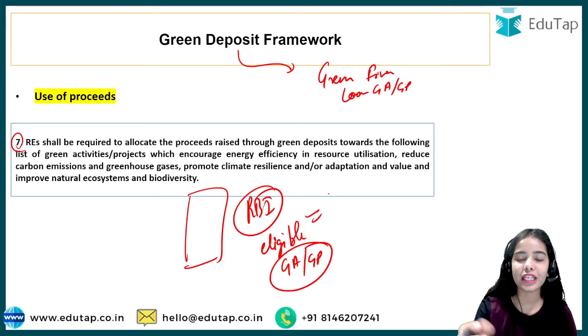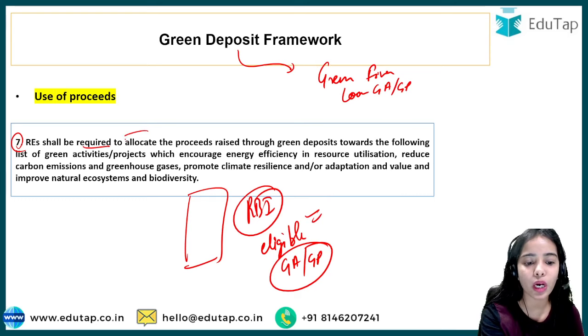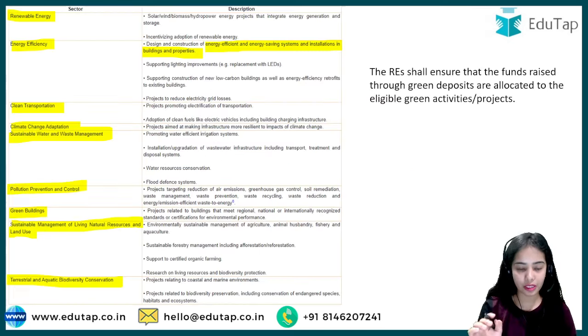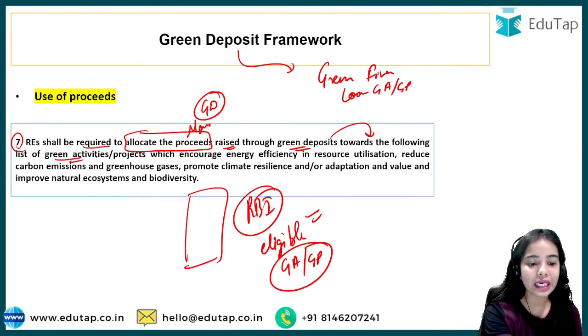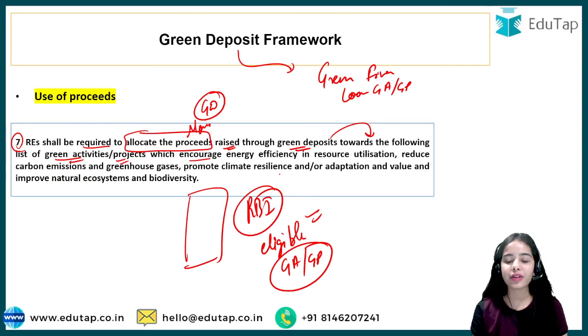So there is the eligible list that has been given by the RBI. So the regulated entities shall be required to allocate the proceeds. So the proceeds or the money that they have got in the green deposits, that is raised through the green deposits, that should be used towards the following list. So the list has been provided of the green activities or projects which encourage, I have told you, energy efficiency, climate resilience and such and such.